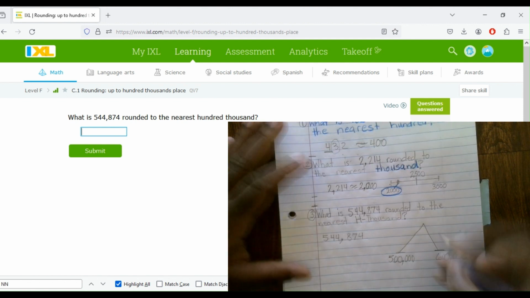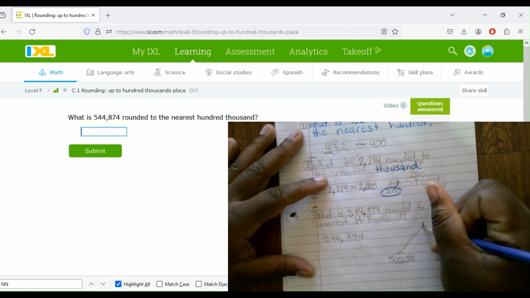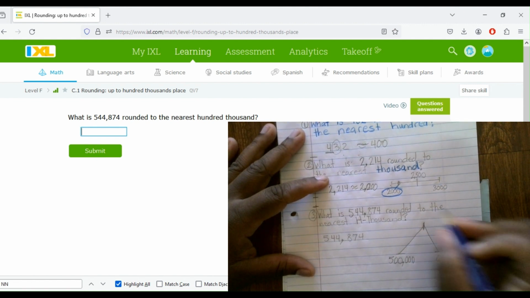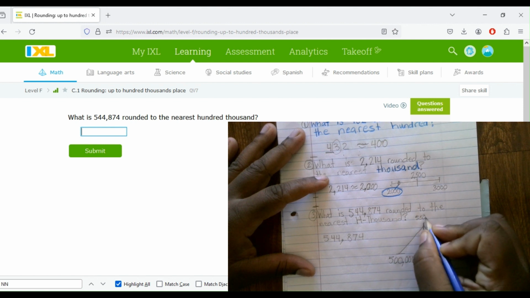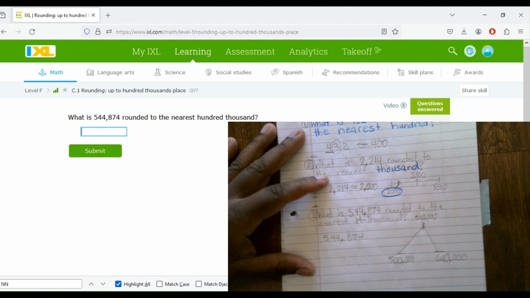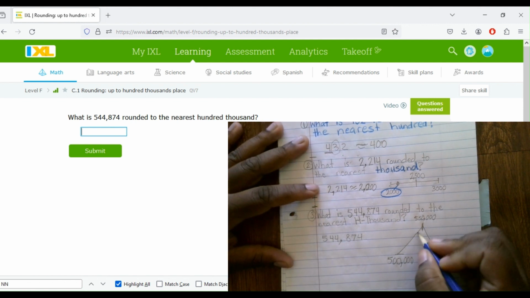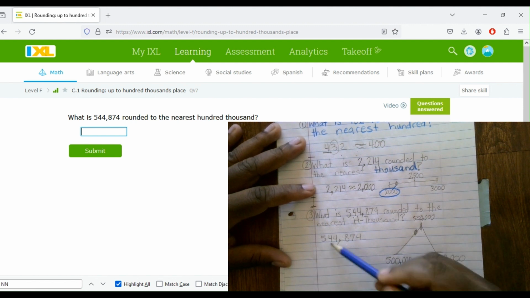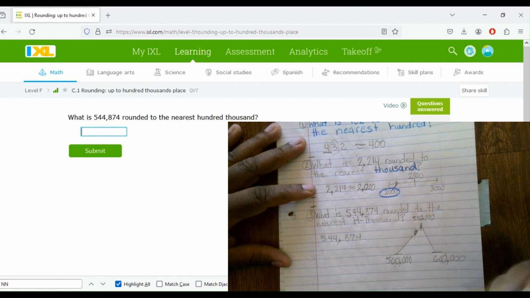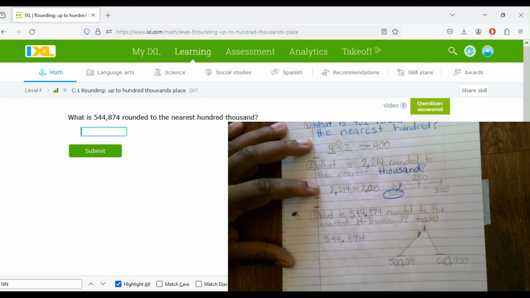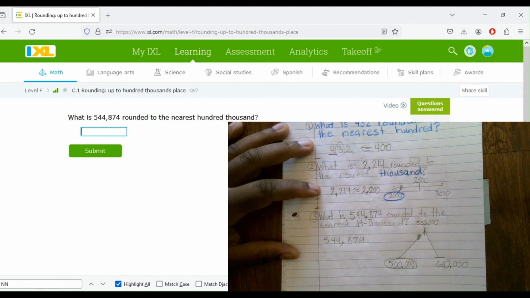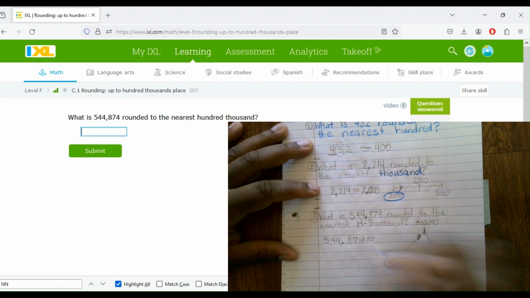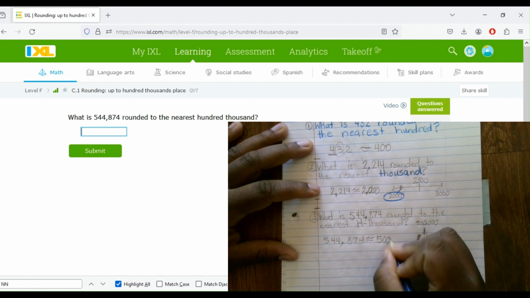Again, I've gone outside of the margin, but that's okay for the sake of just showing my work. Halfway between would be 550,000. 544,000 would be around there. 544 would be close to 550, but not quite. And so that's going to roll right on back down. This is approximately equal to 500,000.